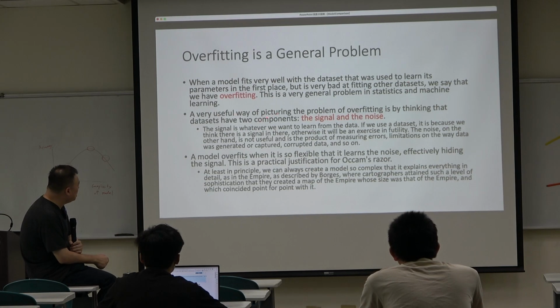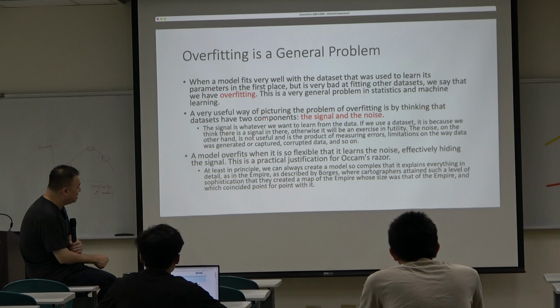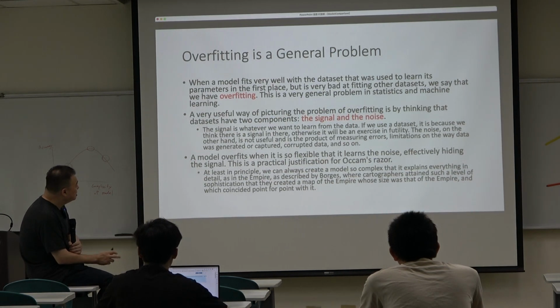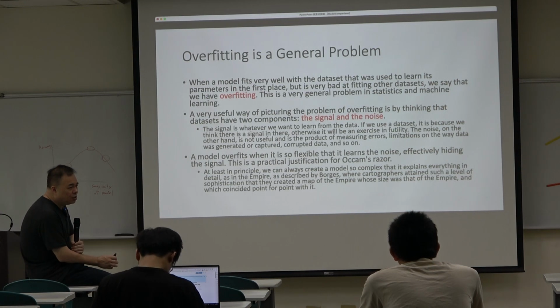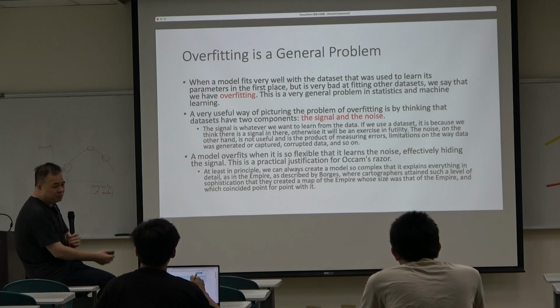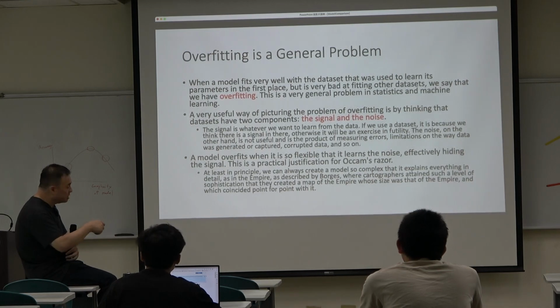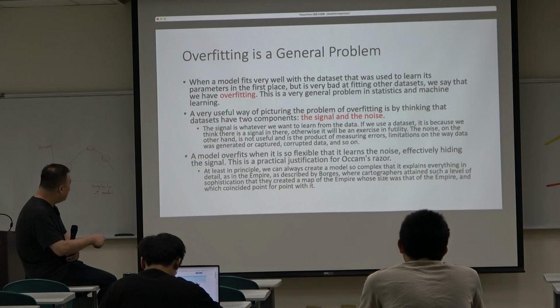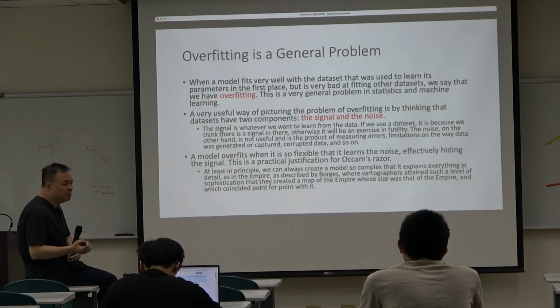A very useful way to picture the problem of overfitting is by thinking that data sets have two components: the signal and the noise. The signal, also known as the trend, which I previously used, is what we want to capture by the model.